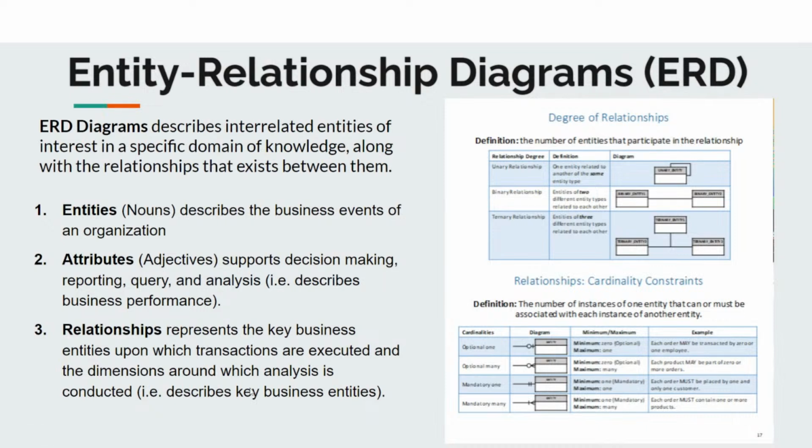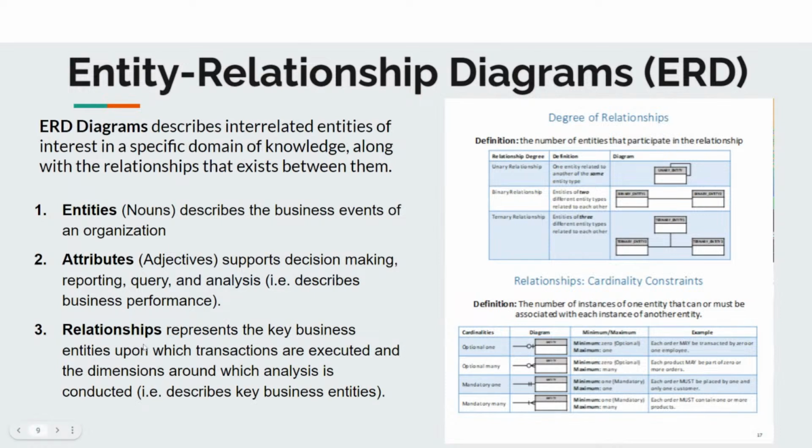So to put that in layman's terms, these are somewhat like the verbs, like how these are related. Say it's a car salesman selling somebody a car. So it'd be car salesman sells a car to a customer.